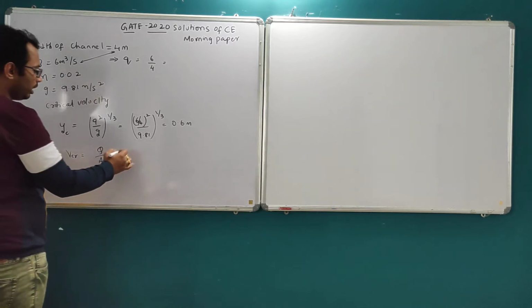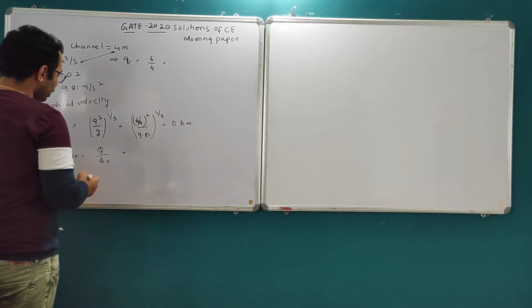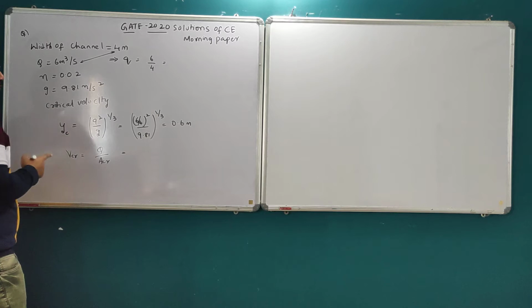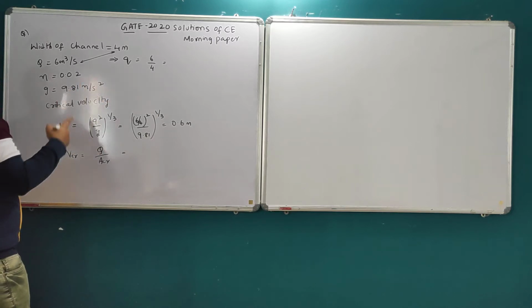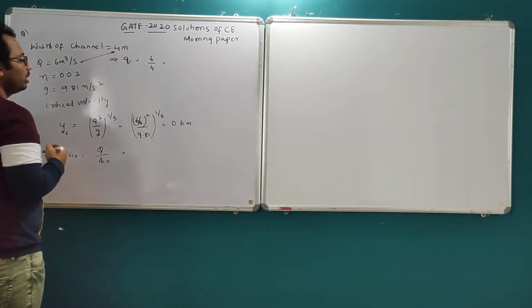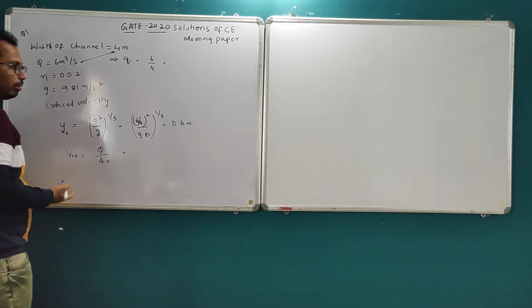Okay, or else here if you divide the q, whatever the q you have calculated, so this is q per unit width, if you divide it with this y, also you will get the same velocity. So that is what I am doing here.